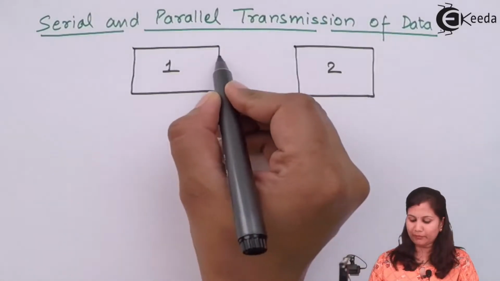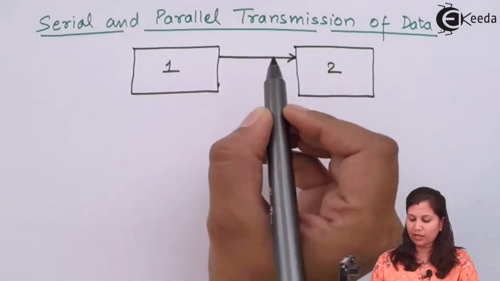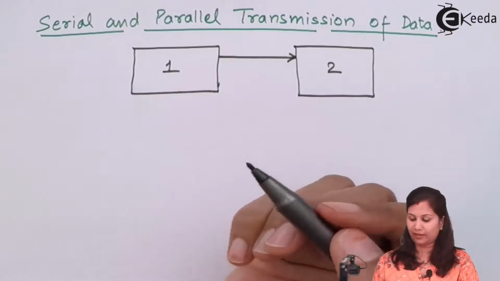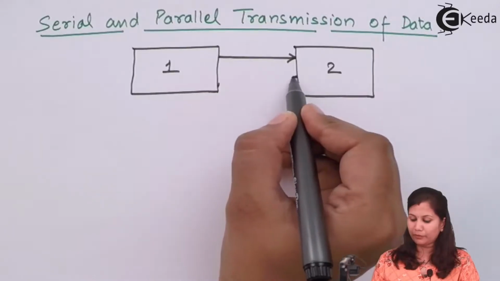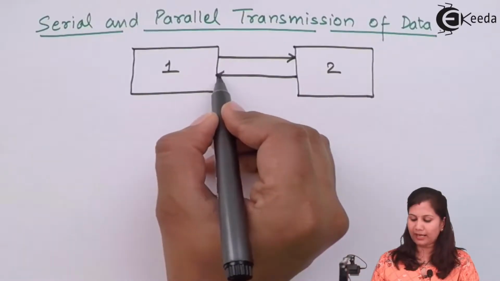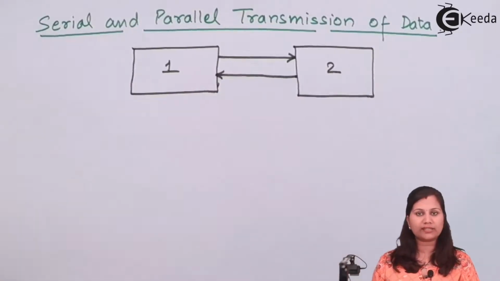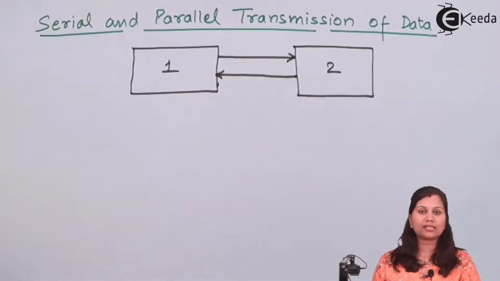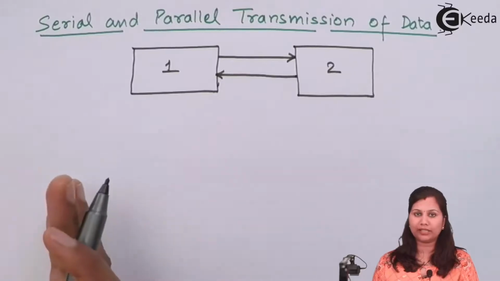Suppose component number 1 is sending the data, so component number 2 will receive that data. Suppose component number 2 is transmitting the data and component number 1 is receiving it, which means that transmission of data is taking place between the two components, and that transmission of data is known as communication.